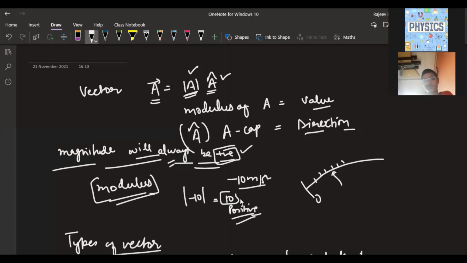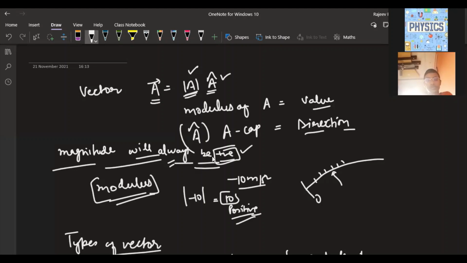Magnitude can never be negative. What is negative in a vector, magnitude or direction? Can a vector be positive and negative also? Yes. So what is negative in it? Direction, because magnitude will always be positive. That's why it is placed in the modulus.